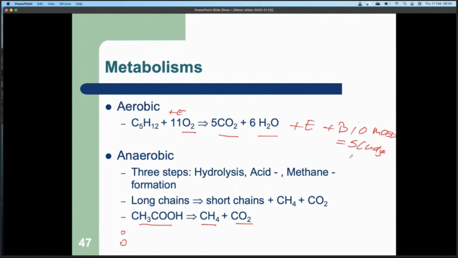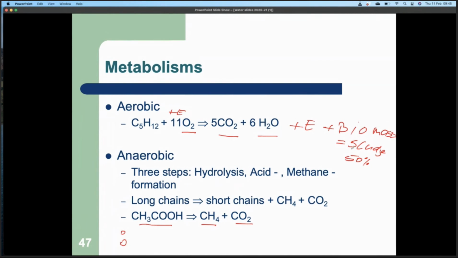The ratio here roughly is 50%. And again, don't hold me to it, it's 50%, which means that for every 100 grams of energy worth of your fried Mars bars that goes into the sewage treatment works, you get 50 grams of sludge, because that's what the bacteria do. They take the fried Mars bars, they add oxygen, bit of carbon dioxide, bit of water, bit of energy, and biomass.